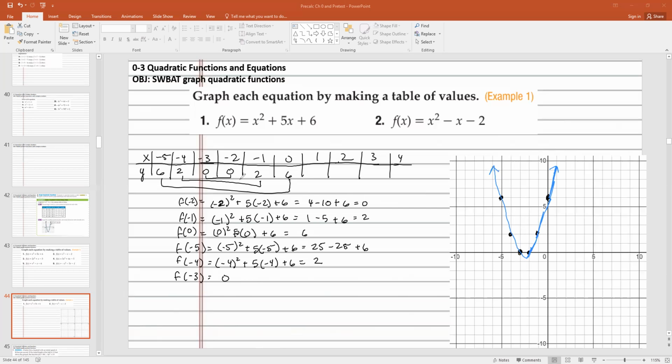So again, we noticed that here the numbers just kept going up. We don't want that. We want it to go down and then up. So if you notice that it keeps going up, then use some numbers to the left of those.